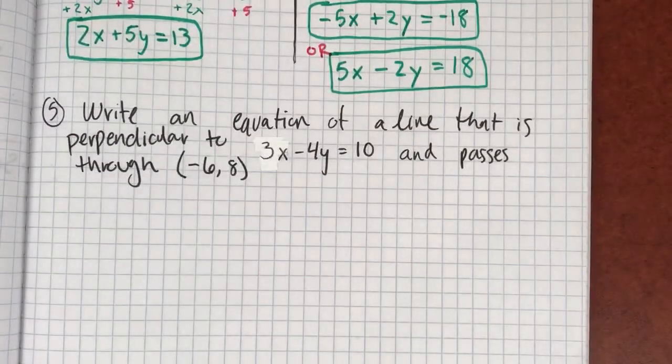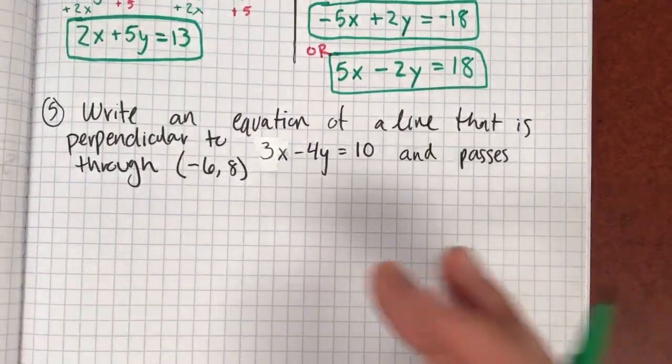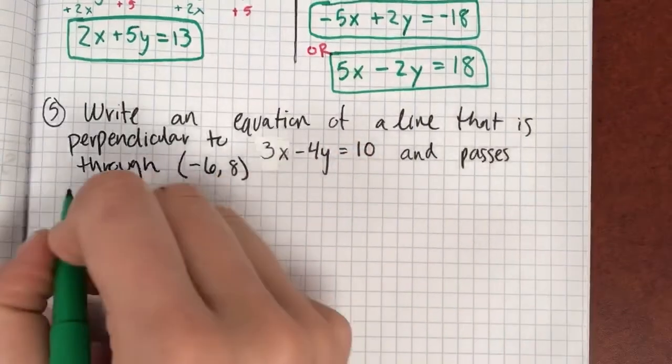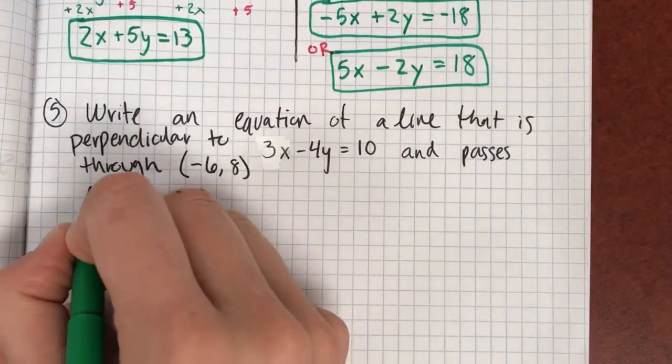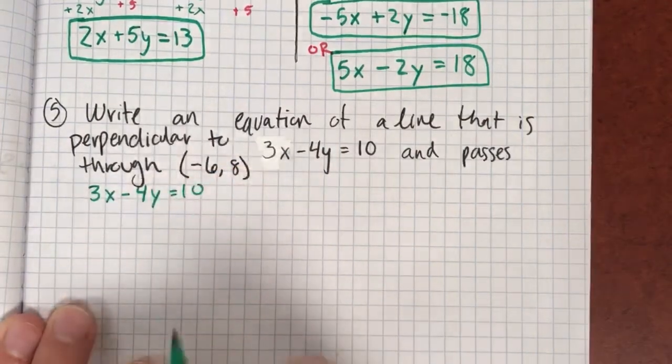Now our last example for the day is we are just finding one equation of a line that's perpendicular and passes through the point -6, 8. So first, let's find our slope, okay? And maybe by now you've kind of found a pattern of our slope, but we want to get our y by itself and find that slope.